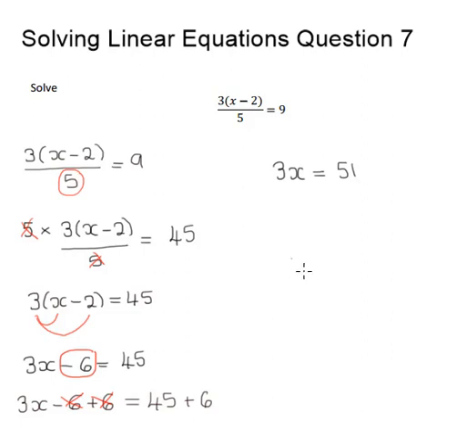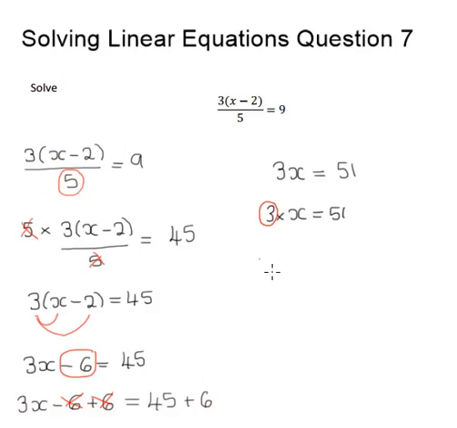Okay, brilliant, we're getting there. So the last thing we need to do then is think about this 3x. Well, 3x means 3 times by x. So 3 times x is 51. And I want to get all of my numbers onto my right-hand side. So anything that's not an x needs to go onto the right. So if I circle this 3, at the moment it's timesing. So what we need to do is divide both sides by 3.